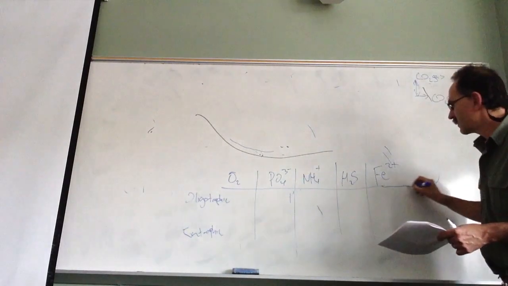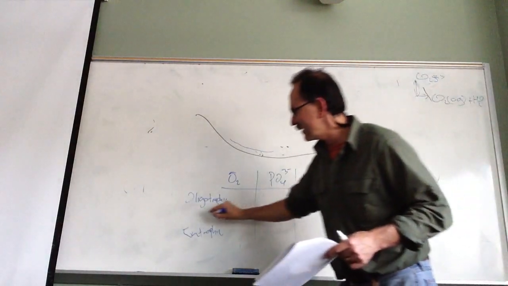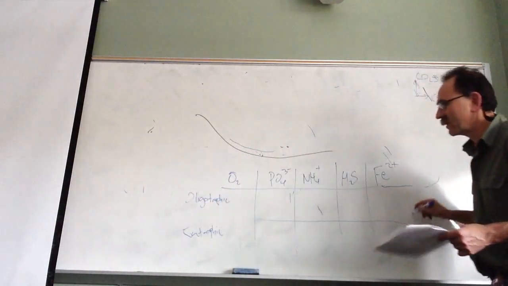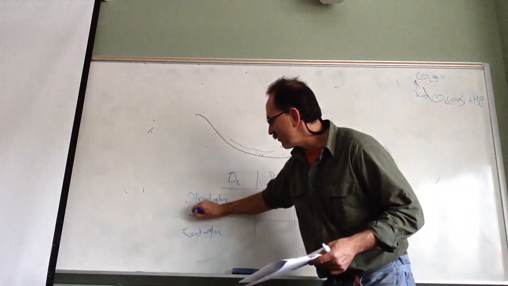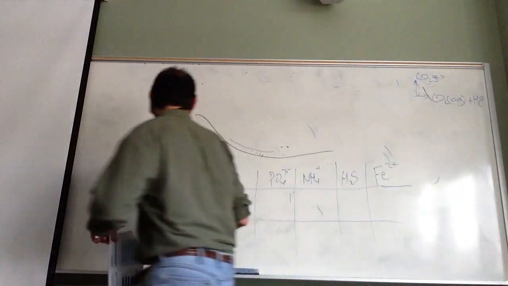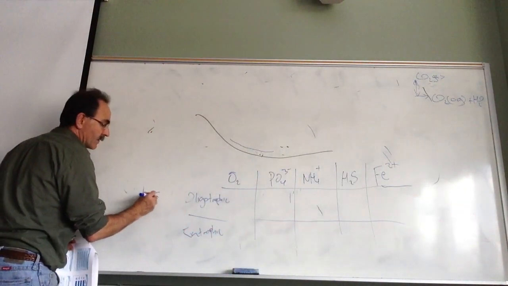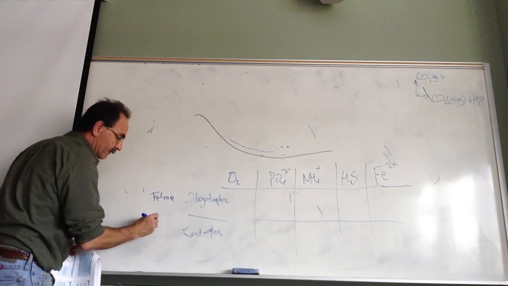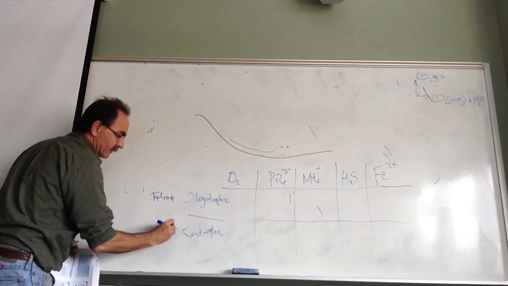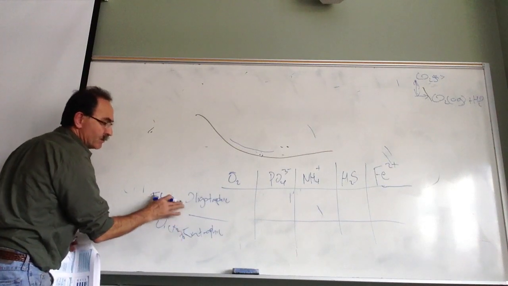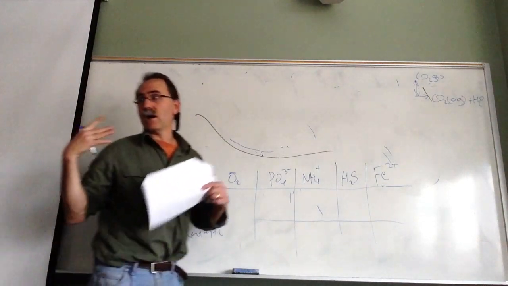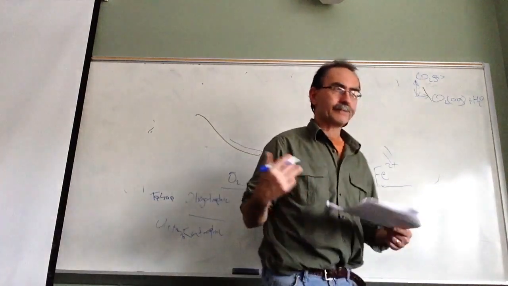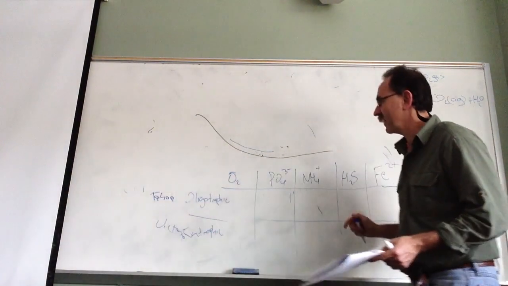Okay, now this looks like deep chemistry, but it's not really. It's pretty logical. We're just going to look at oligotrophic. Oligotrophic, think Lake Tahoe. Eutrophic, think Lake Victoria. Green and slimy versus beautiful, deep alpine lakes.